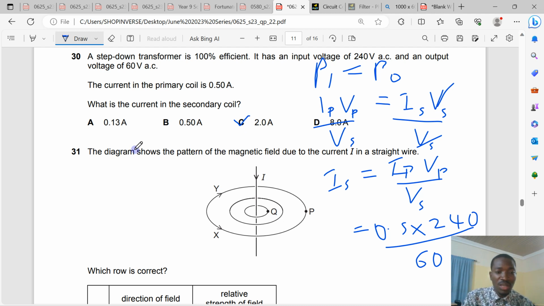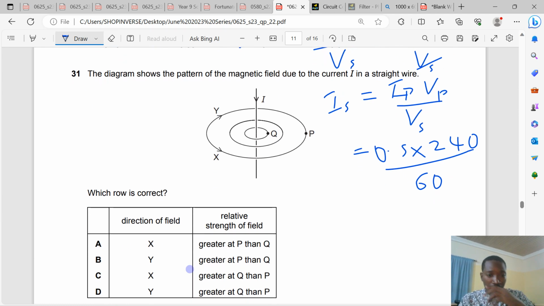Question 31. The diagram shows the pattern of the magnetic field due to current I in the straight wire. So there's a straight wire here and there's current I flowing through this wire. Which is correct: the direction of the field, and the relative strength of the field? The magnetic field will be stronger at the middle and weaker at the edges here.